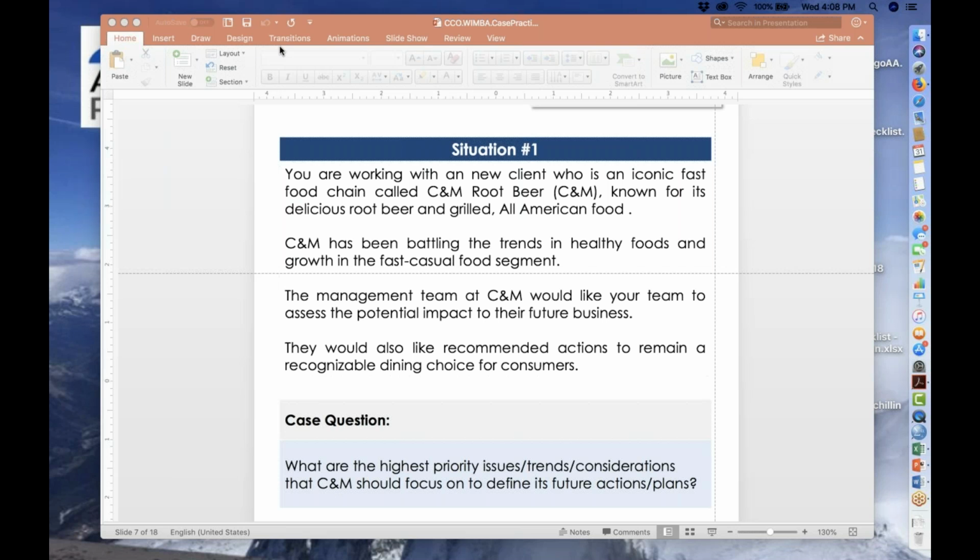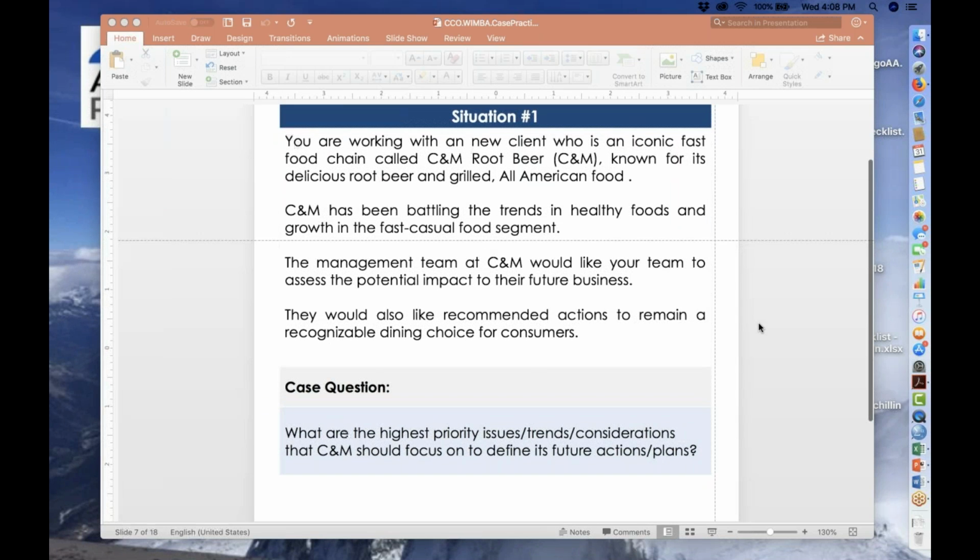For our focus, what I want you to focus your structure around is this question. What do you think would be the highest priority issues or trends or considerations that C&M should focus on to define those future actions or plans?